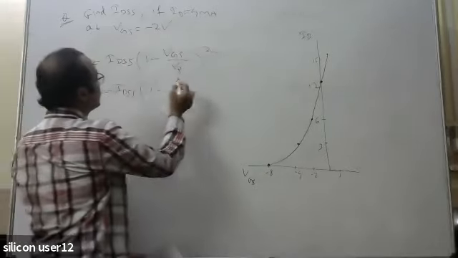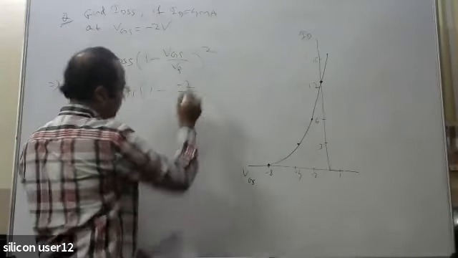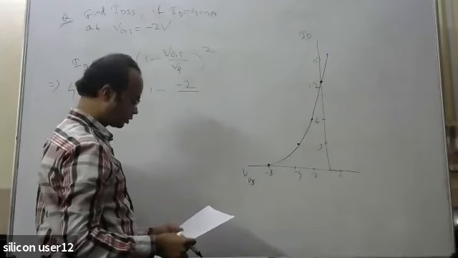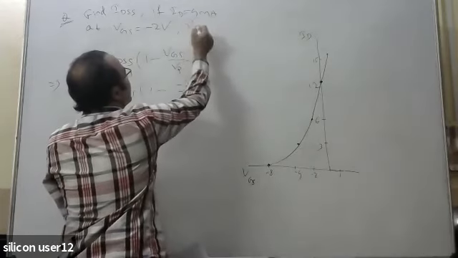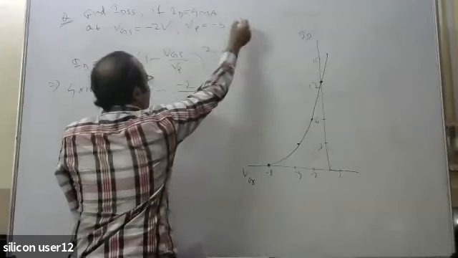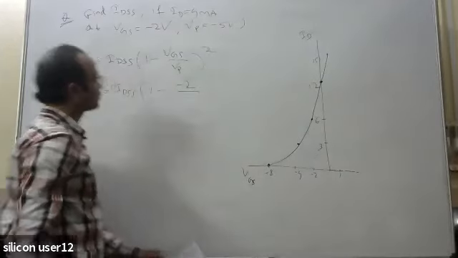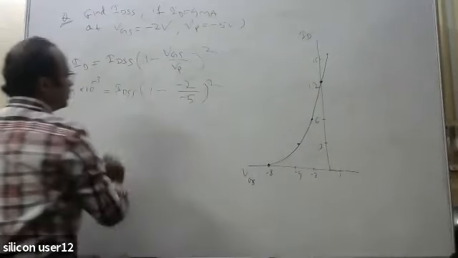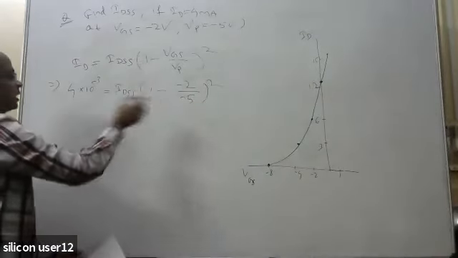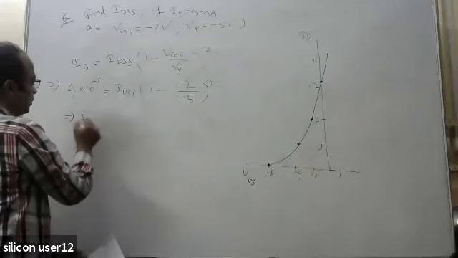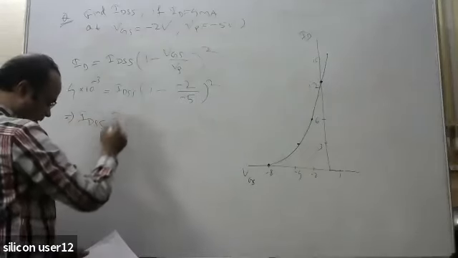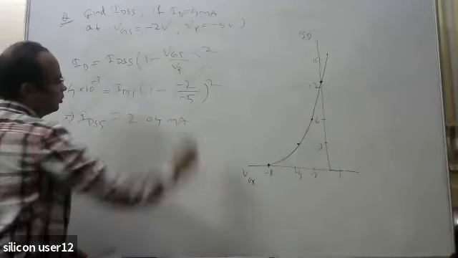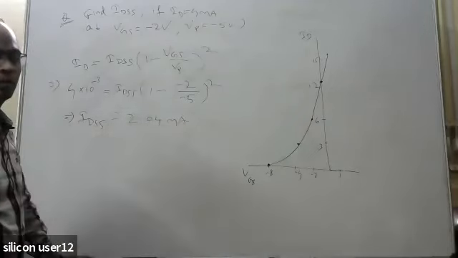Okay, so -2 by VP. VP is also given, right? VP equal to -5 volt, it was given. So put here -5. Okay, just calculate, arrange all these things, you will get IDSS equal to 2.04 milliampere.